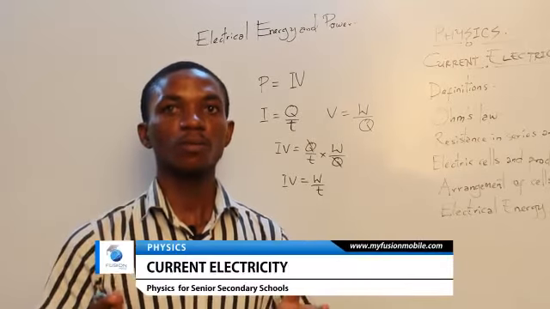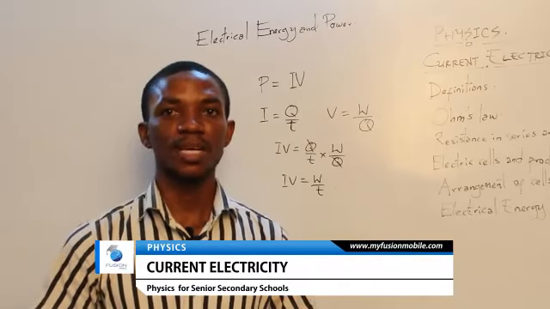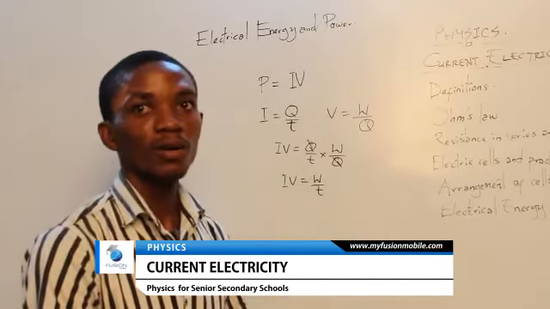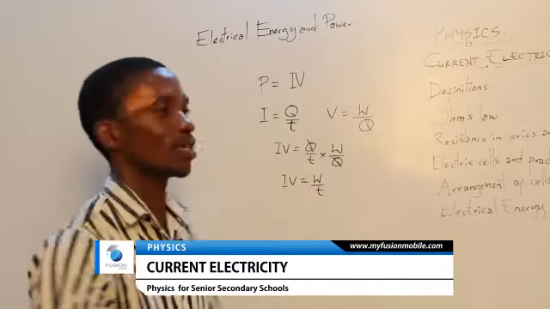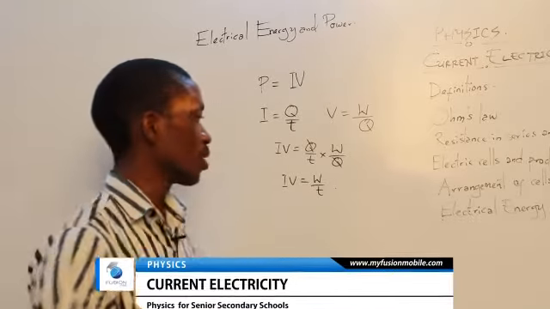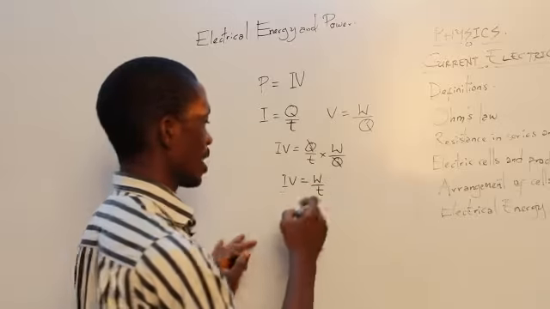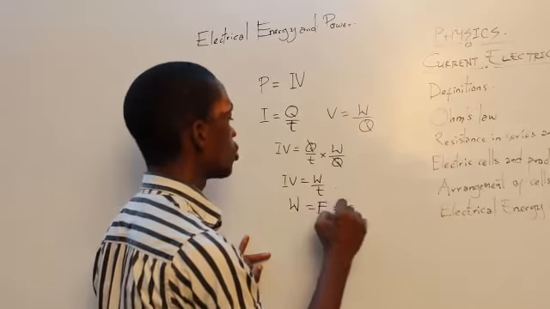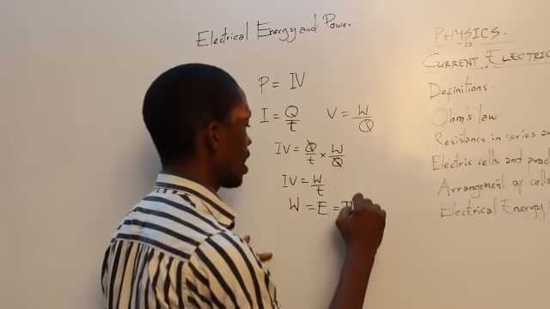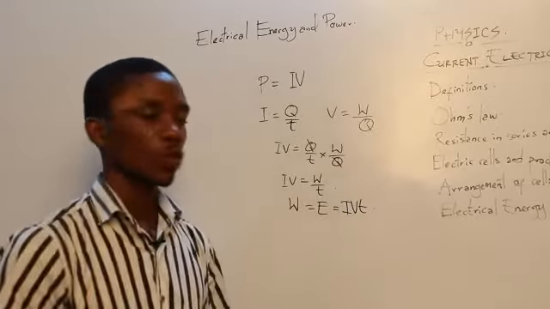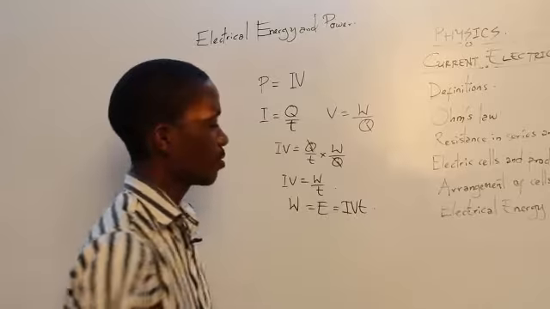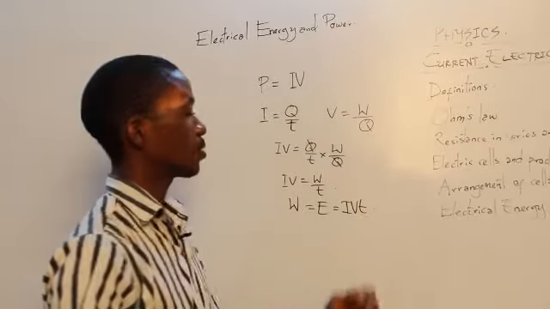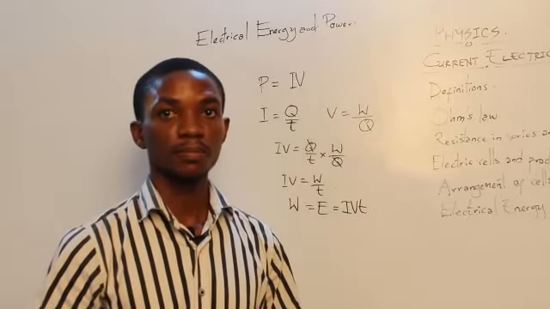So power is work per time. That's how we get watts out of joules. So from this formula, we can also get our work done or energy to be equal to IVT, where I is our electric current, V is the electric voltage or potential difference, and T is the time.